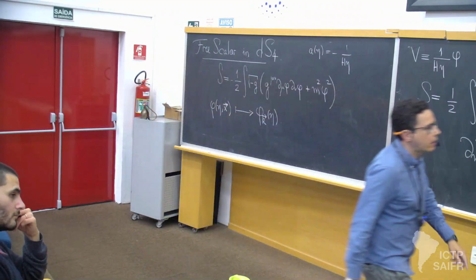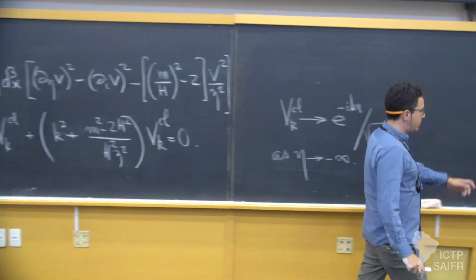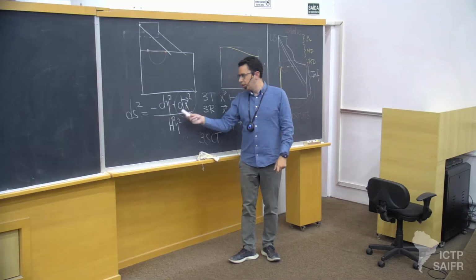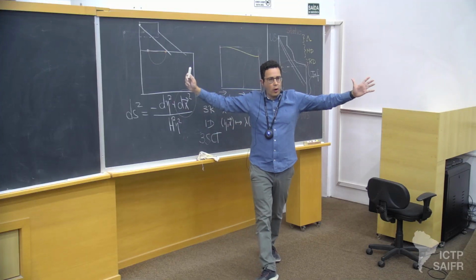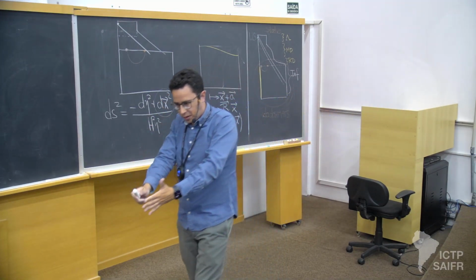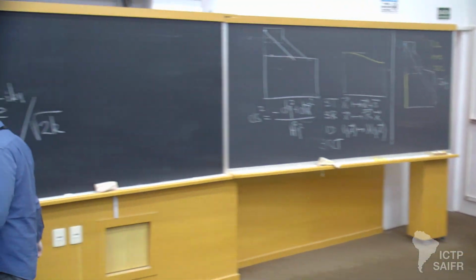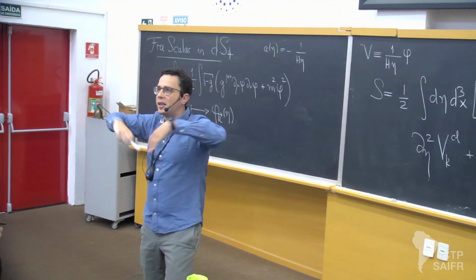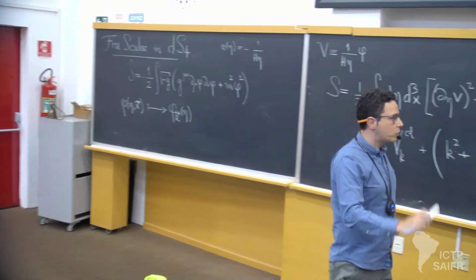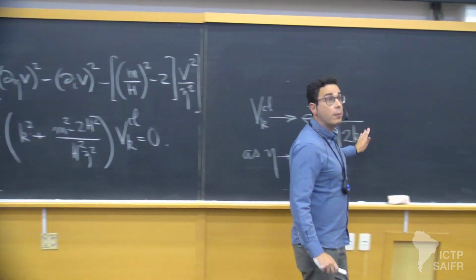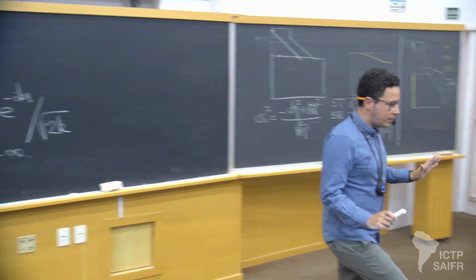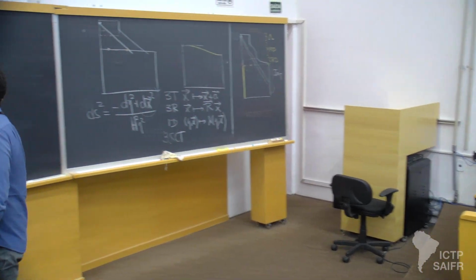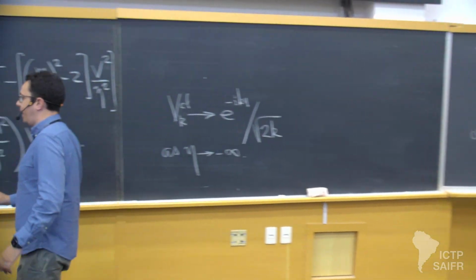Because the metric is not dx squared, it's dx squared divided by H eta squared. So as eta goes to minus infinity, these points at fixed x are getting closer and closer. They have such short physical wavelength that we're doing experiments here. We don't care about the curvature of the universe, so we should just quantize as we do in flat space. It's pretty reasonable, okay? But the argument about minimizing the Hamiltonian is a little bit suspect.